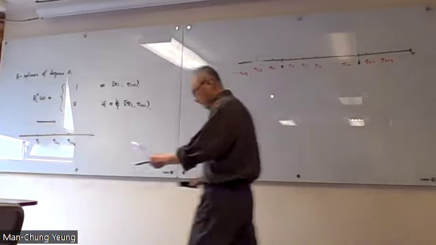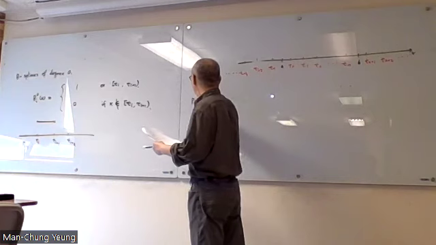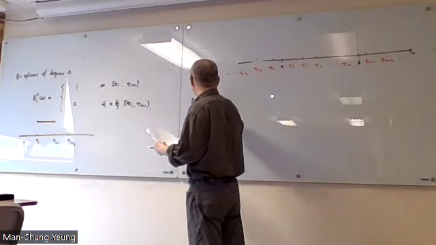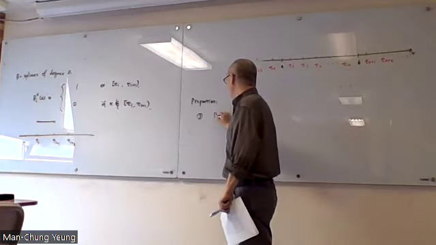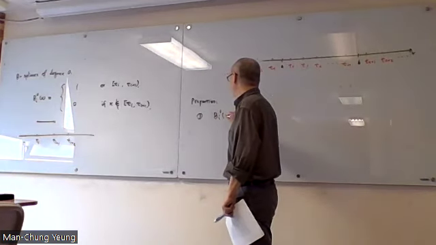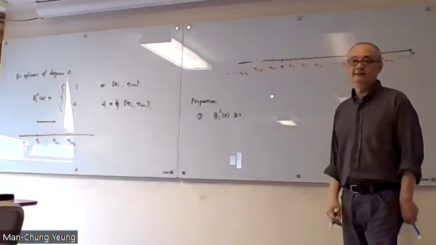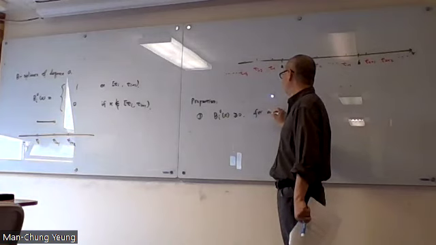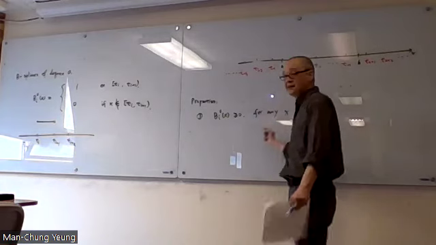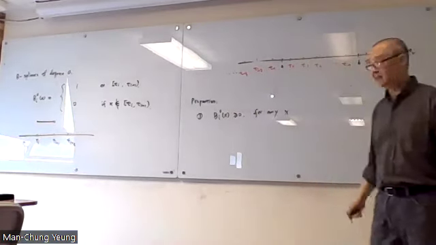Property number 1: B i 0 is non-negative for any x between negative infinity and positive infinity.